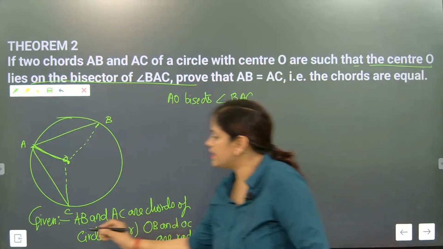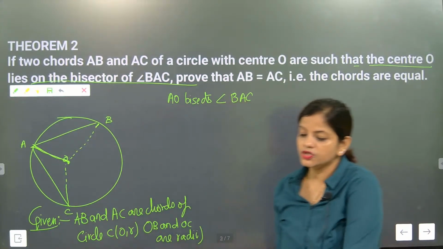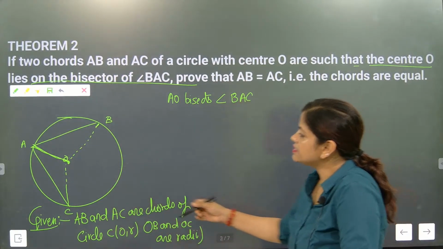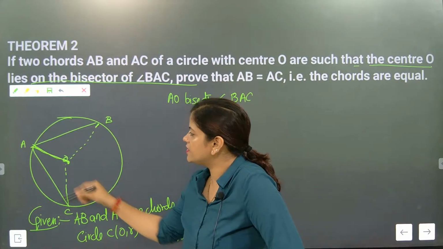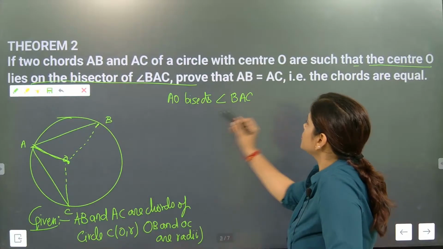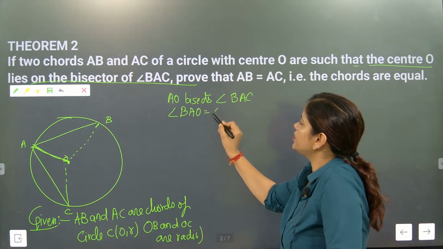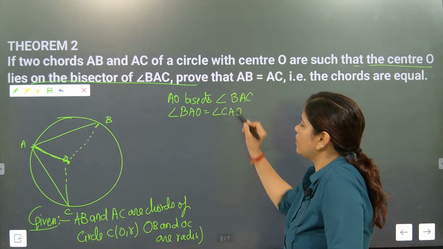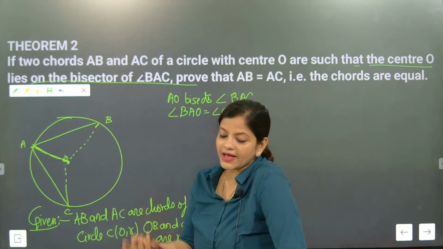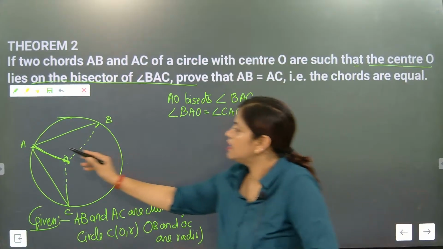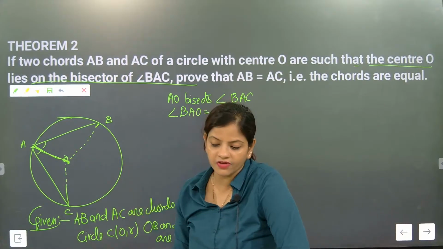AO is bisecting what? Angle BAC. So if AO is bisecting angle BAC, that means angle BAO is equal to angle CAO. Because the bisector is there, na? And the bisector bisects the angle into two equal parts. So this angle is equal to this angle, given, beta.